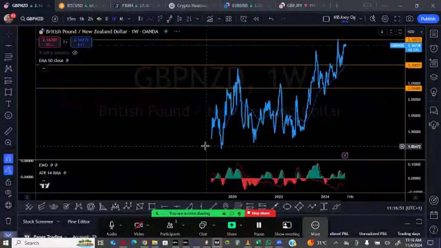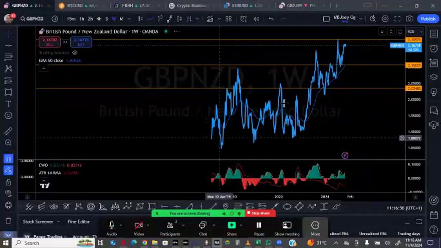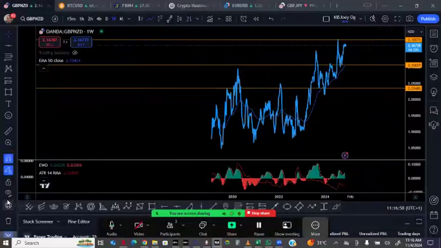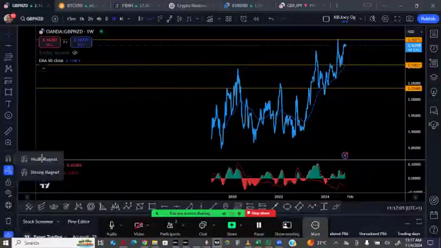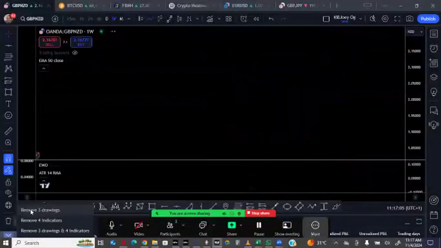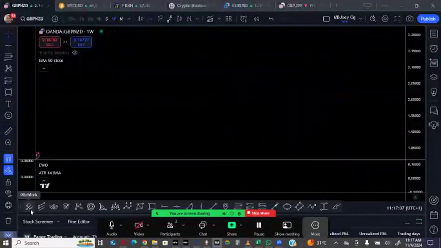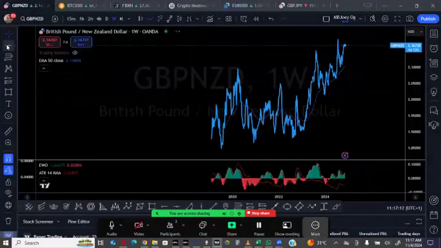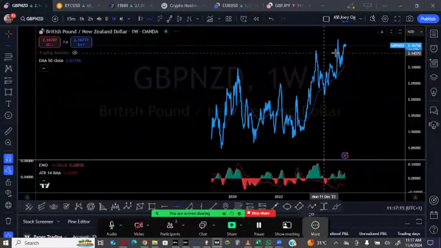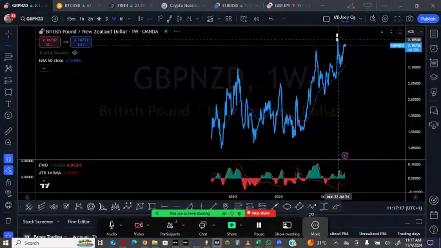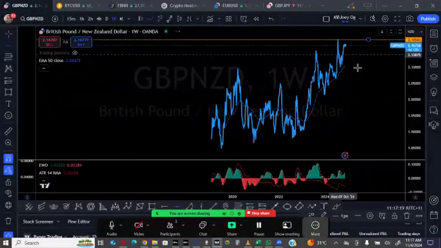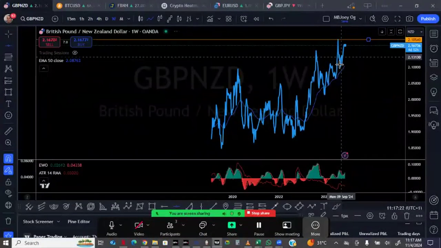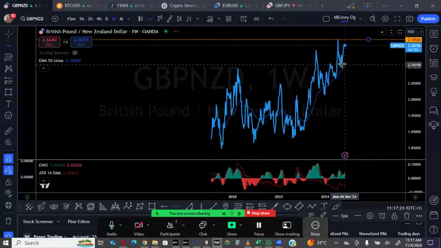Okay, it looks like the chart is still loading, but let's just use what we have. Let's identify our major area. This is the major, that's the peak. I'm picking out another area.